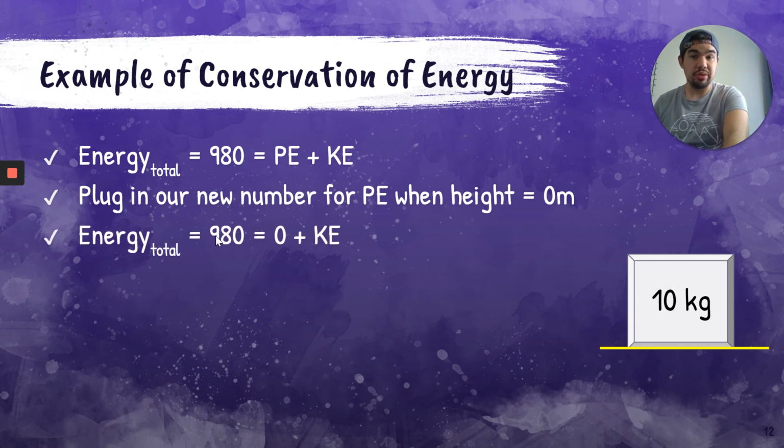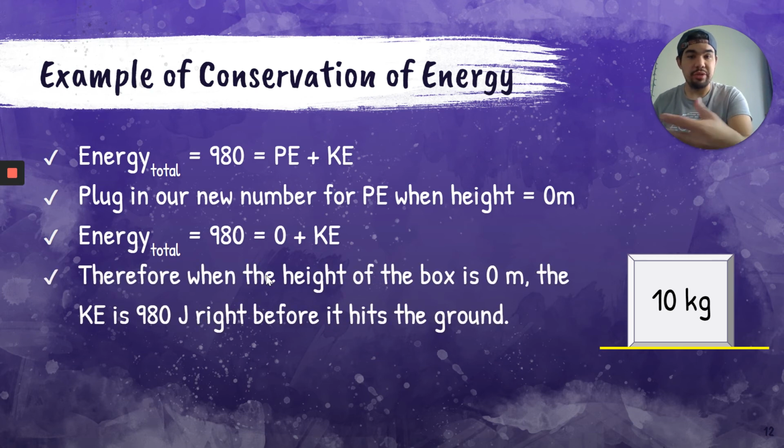Our total energy is 980, and that equals 0 for potential energy plus kinetic energy. With a little bit of basic algebra, we can figure out that when the height of the box is 0 meters, the kinetic energy is 980 joules right before it hits the ground.